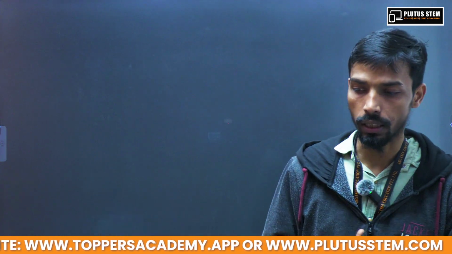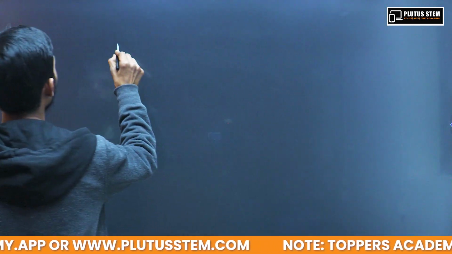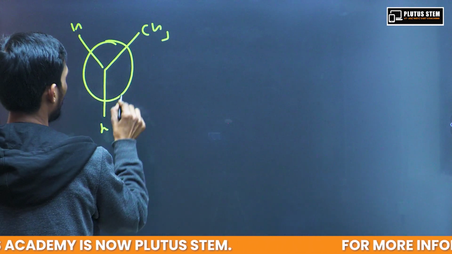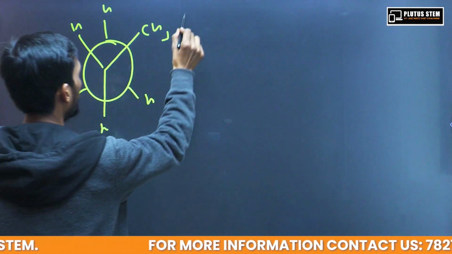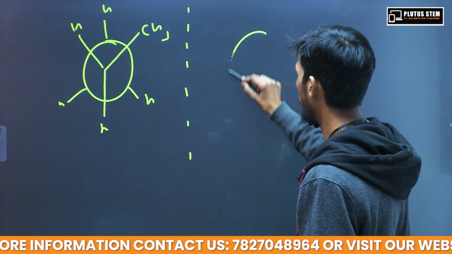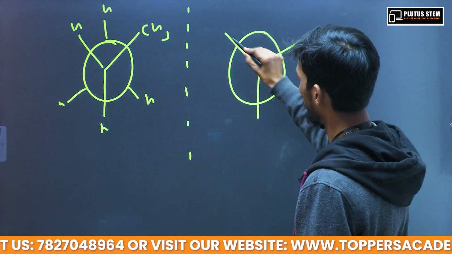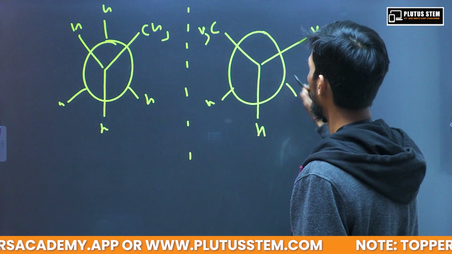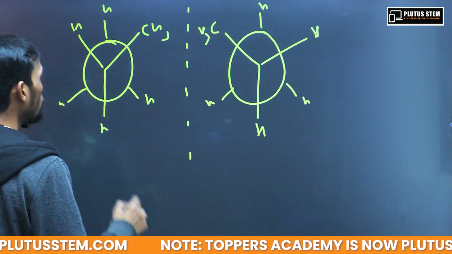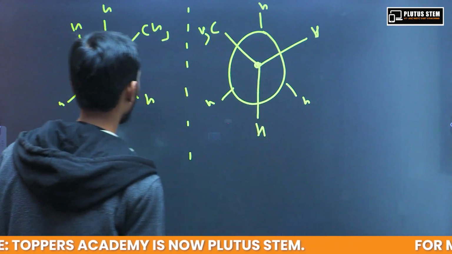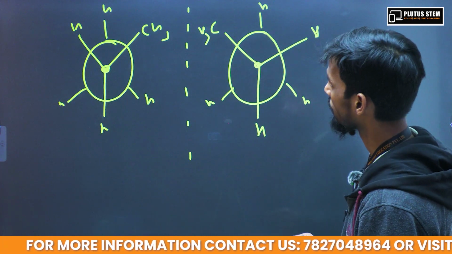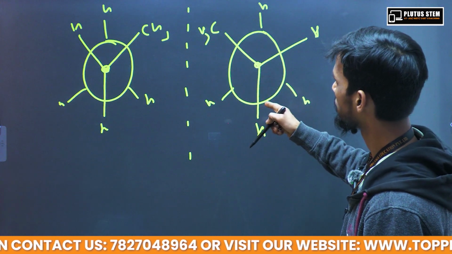One more thing we can see over here is regarding enantiomers, which I have already shown you. If you visualize these two compounds, they both are conformational isomers, methane, ethane, propane, butane, sorry, CH3 over here.